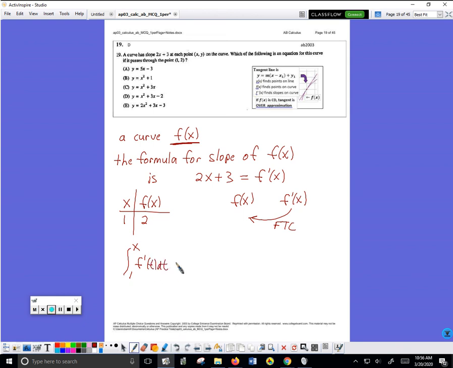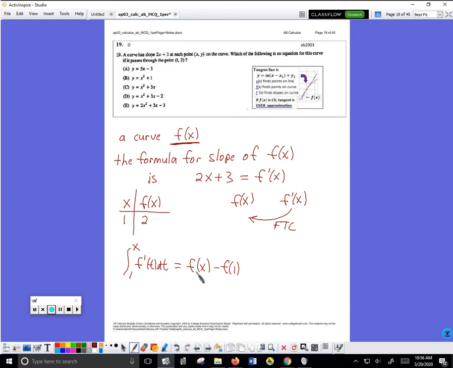Again, don't be on autopilot, think as you go. So the fundamental theorem says this can become f of x subtract f of 1. So the fundamental theorem provides a way to find the formula for the graph of f.